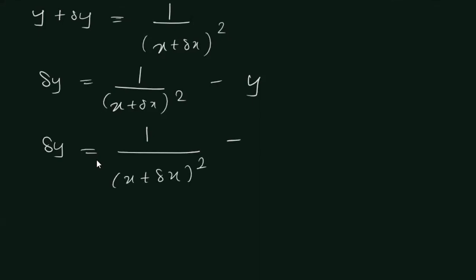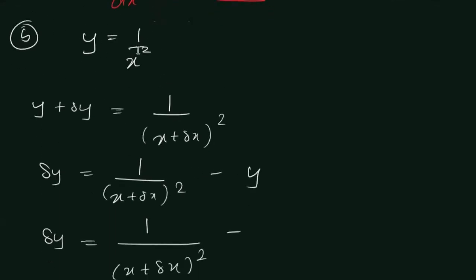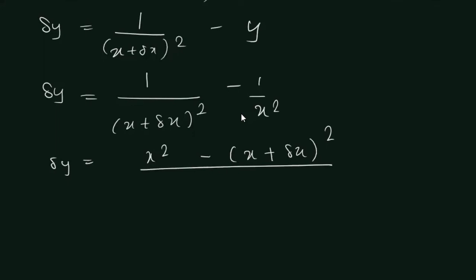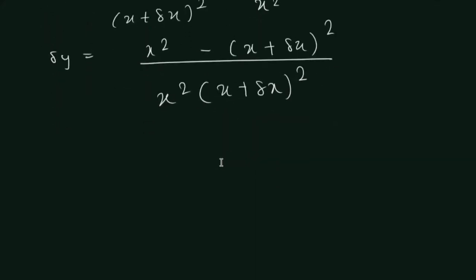What is y? y is 1 over x squared. So delta y you can simplify. I will take the LCM: x squared minus x plus delta x whole thing squared, divided by x squared times x plus delta x whole thing squared.